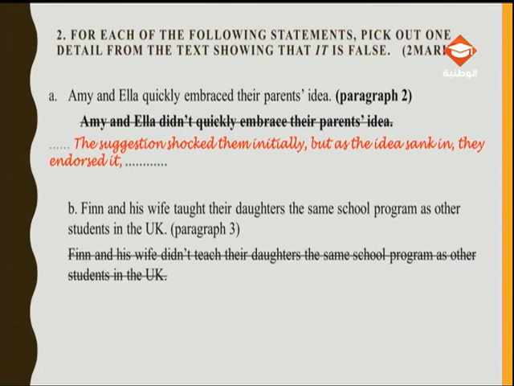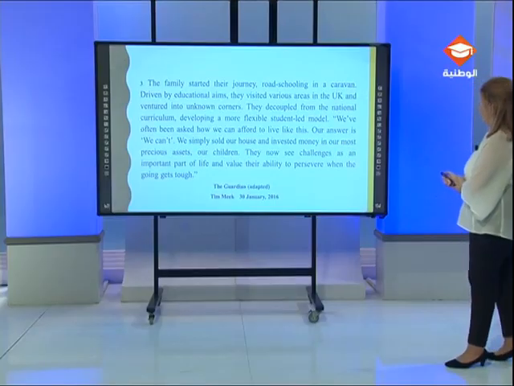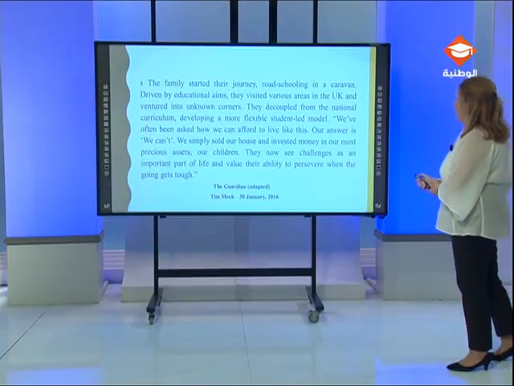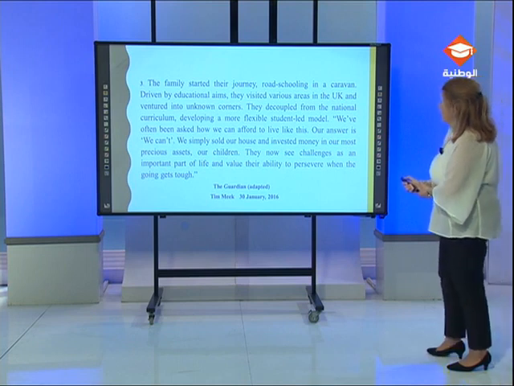The second statement says Finn and his wife taught their daughters the same school program as other students in the UK. Paragraph 3. As we earlier said, it's incorrect to say Finn and his wife did not teach their daughters the same school program as other students in the UK. I go back to paragraph 3 and I have to look for the answer.